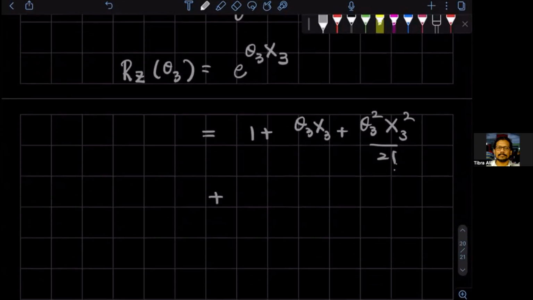Okay, so these are fun exercises. At some point in life, you always have to do these things. Too many indices and too many powers.